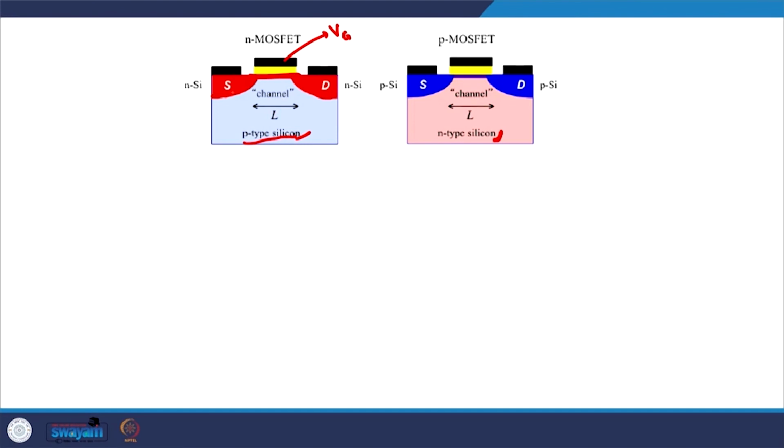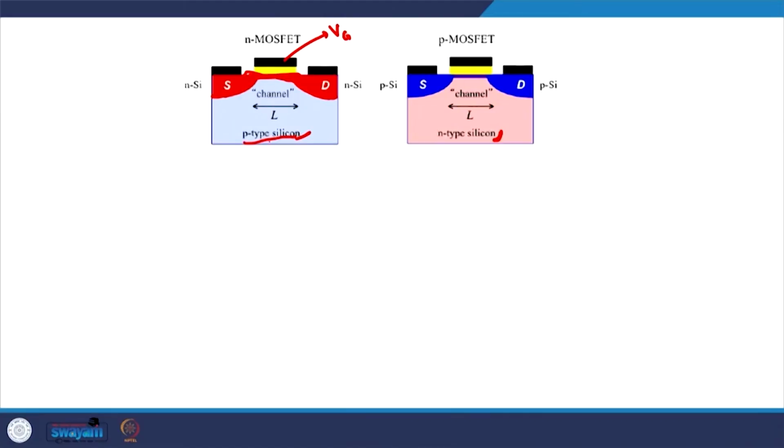So, this part of the device will behave like a resistor, and that is how this is known as the on condition of the device. That is how the device is turned on. And if we apply a negative voltage, that will essentially turn off the device, and that is essentially the switching operation in the MOSFETs.